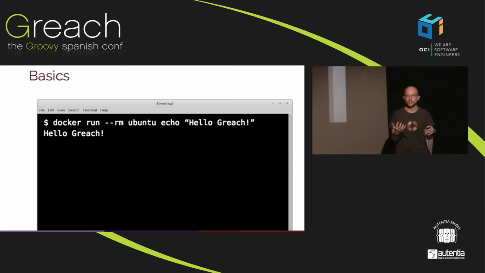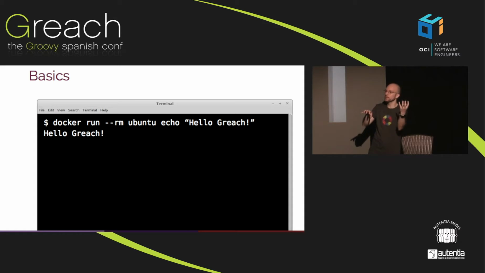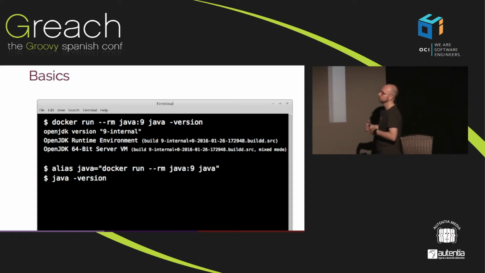The first thing here is that you have images and containers. The images are something like, for example, what you develop with Groovy or Java, the class, and the containers are the instances. You create different containers from the same image. So imagine that you want to test Java 9 on your laptop, but you don't want to install Java 9 because you are using Java 8, a different version.